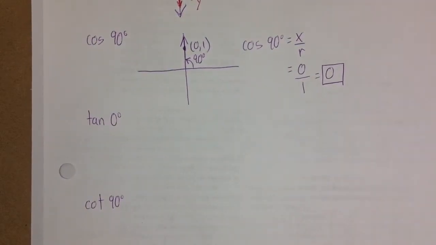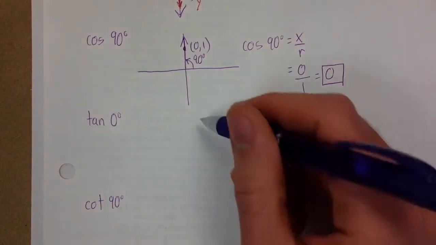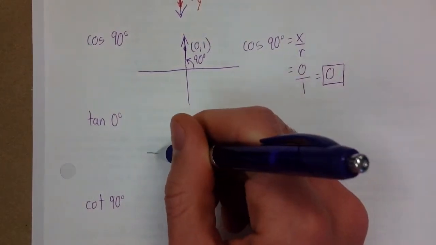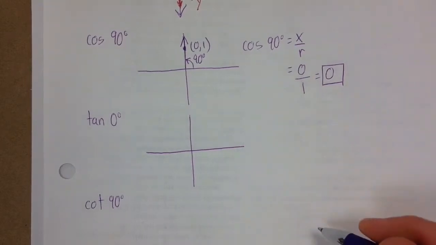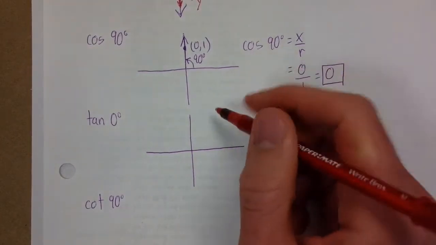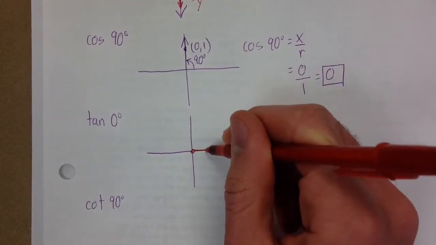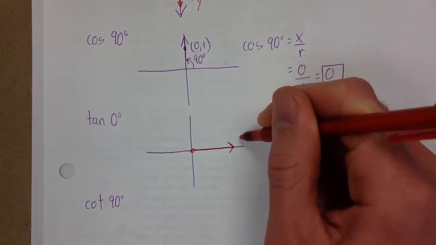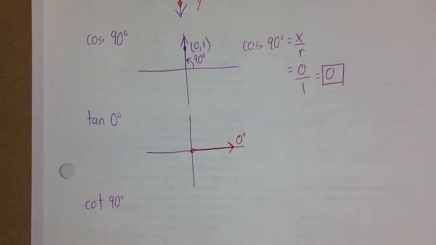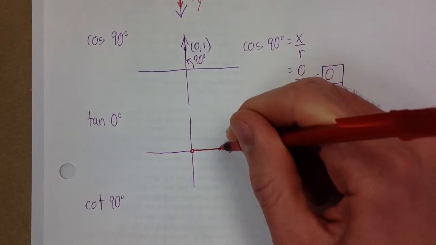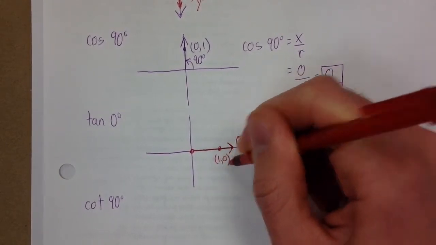Good. Scott, tan of 0. How does one find that? Draw it in standard position. It stays on the positive x-axis. Good. Good. 1, 0 works.